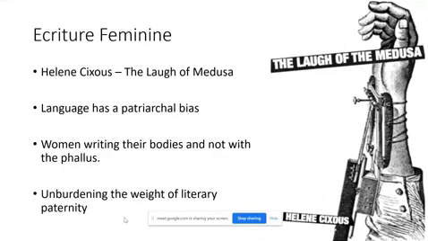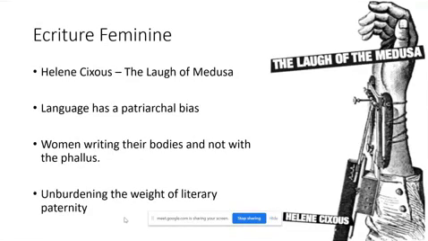She drew a lot from Freud and Lacan, and she also deconstructed a lot of what these psychoanalysts said. Hélène Cixous' main argument was that language has an inherent bias in it. It has a bias against women. It is a construct of patriarchy.